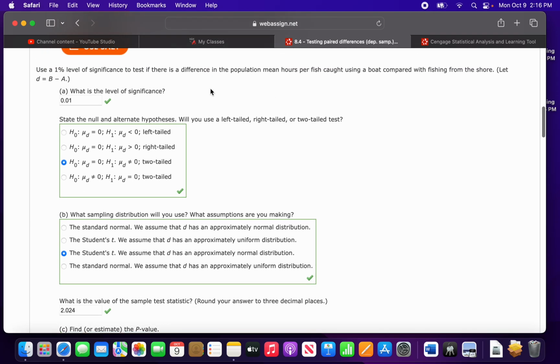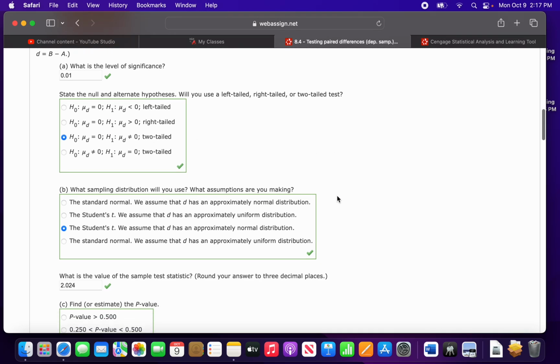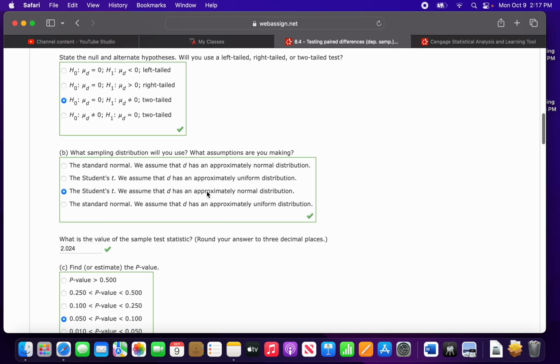And because the problem says to test if there's a difference and didn't specify whether one method was better than the other, we're going to have a two-tailed alternative hypothesis where we're going to just say that the mean difference in fish caught per hour is not 0. Sampling distribution down here, we're going to use the Student's t, and we're going to assume that the difference between the two categories is approximately normal.